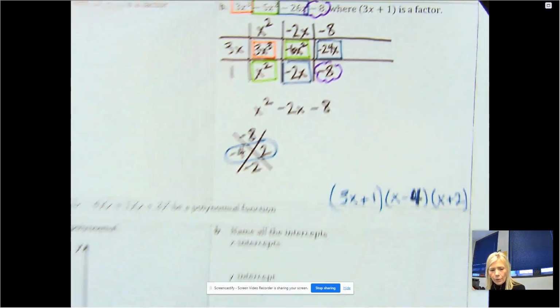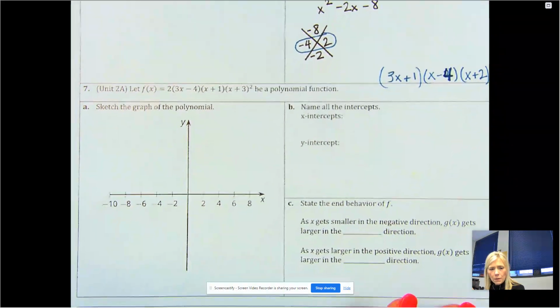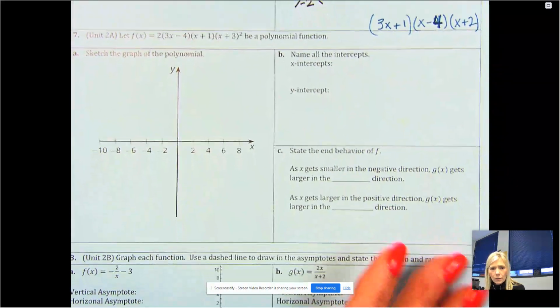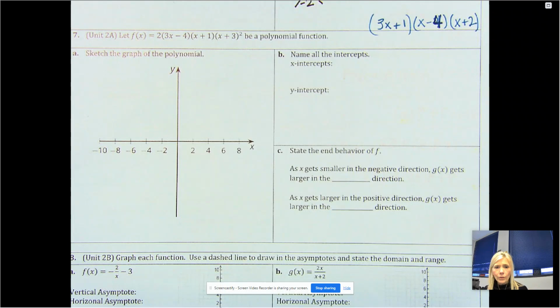And then we also did this graphing one in class, but in case you missed something, I just want to go over it really quick, especially finding the intercepts and the end behavior. Okay, so our x-intercepts come from the values of x in the factored form that would make the factor equal to 0.